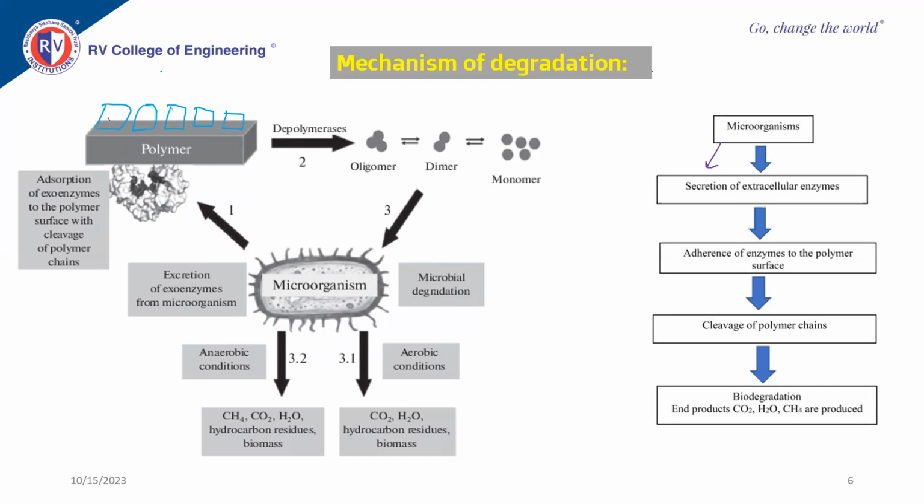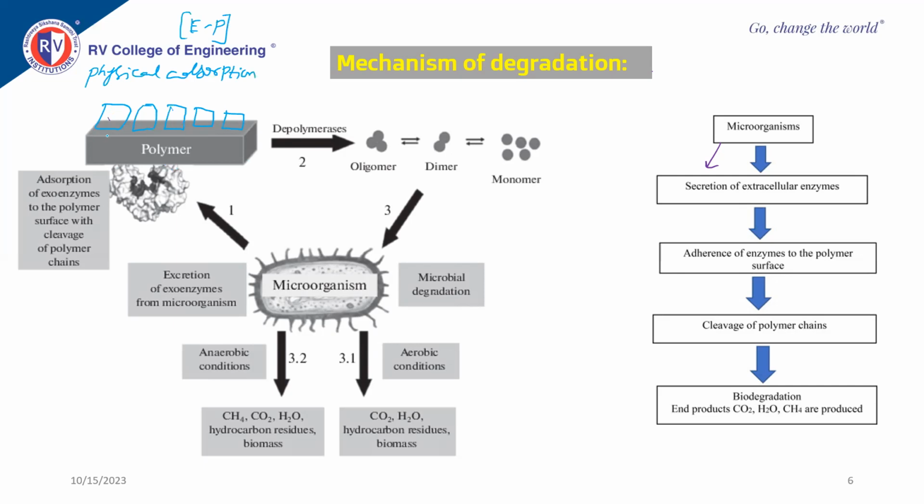Previously there was literature which proposed it forms an enzyme-polymer complex, but by and large, we only consider it as adsorption. It's a physical adsorption, chemical not to that extent, and it is always a monolayer.